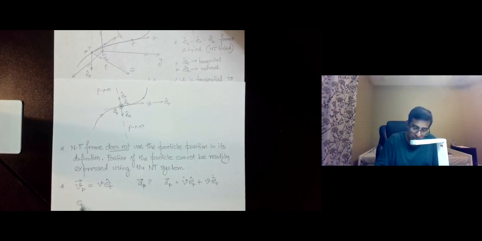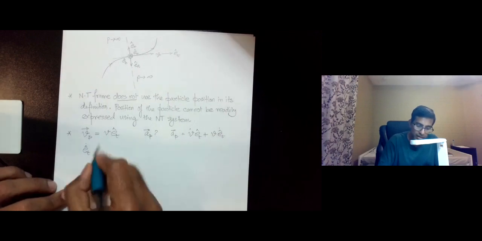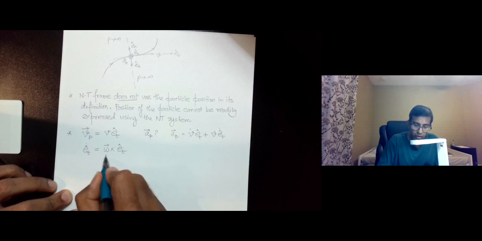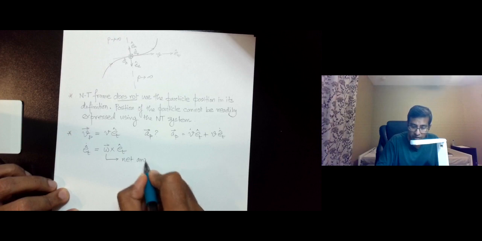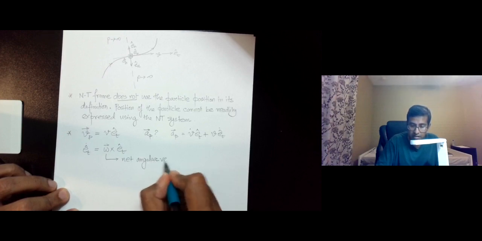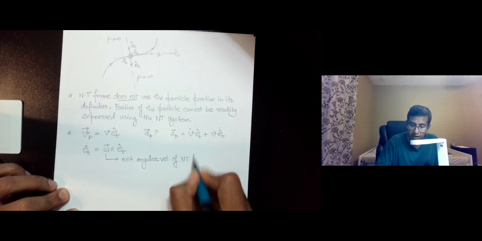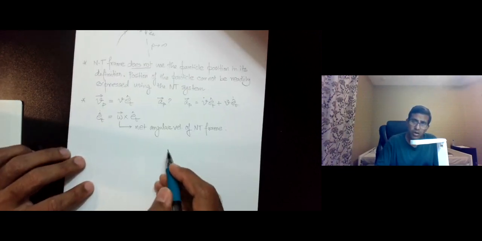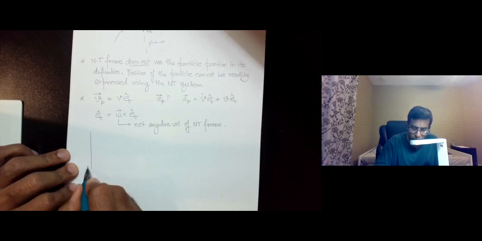Well, et dot is going to be omega cross et, where omega is the net angular velocity of the nt frame. Okay, and that is actually quite easy to formulate.